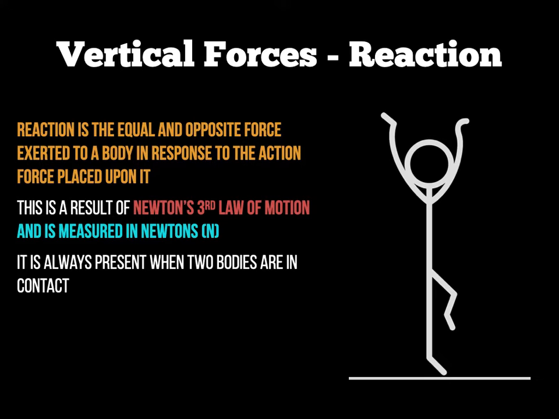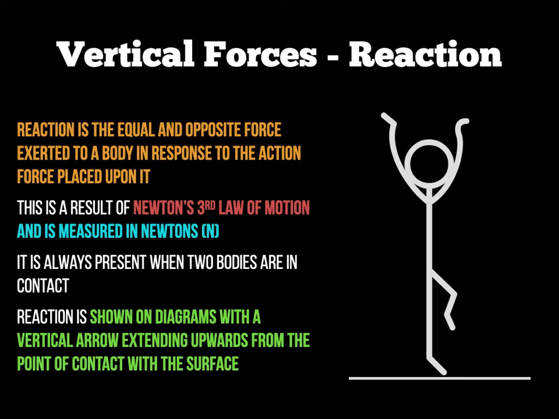So for example, on my stickman diagram you can clearly see that one of the feet is touching the floor, and it's from that point you draw your reaction line, and this time the reaction line goes upwards. Okay, so the reaction line will go from the point of the individual's foot, or the point of contact, and will go upwards with an arrow pointing upwards as well, and we'll have an R for reaction at the top. Now you might look at that line and think, that's a long line, but we'll come to that in the next slide.